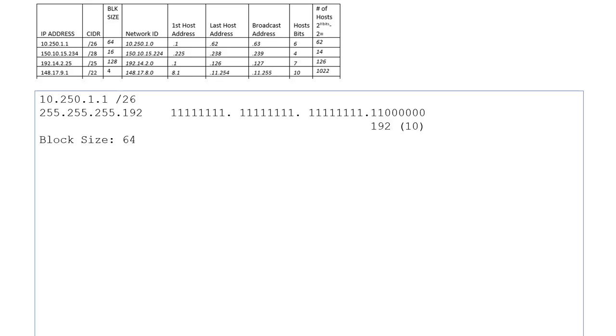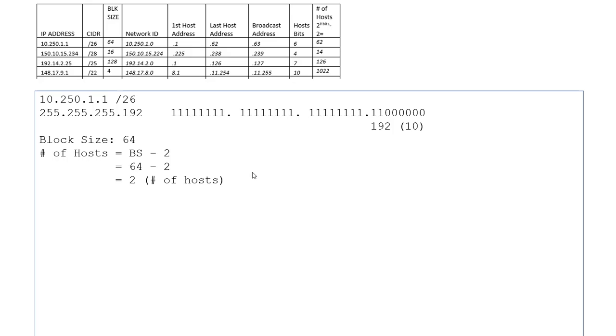So my number of hosts is going to be equal to my block size minus 2, or in the case of this problem, 64 minus 2, which is going to give us an answer of 62. So 62 is our number of hosts that we're going to have. Okay? Sweet.